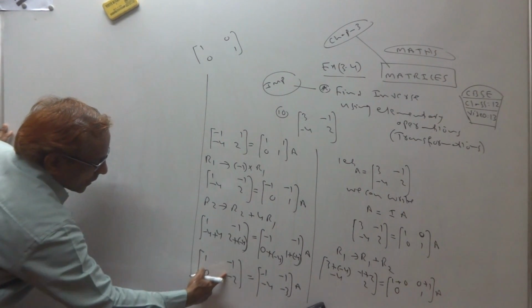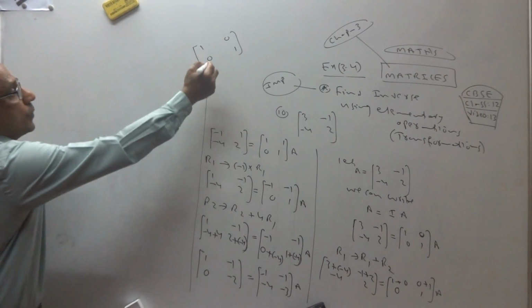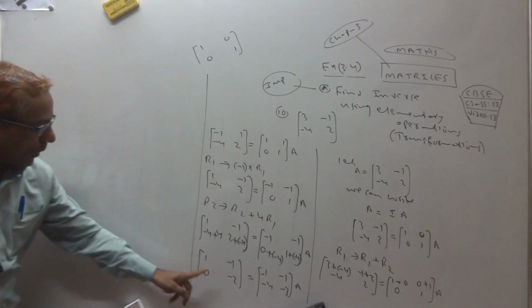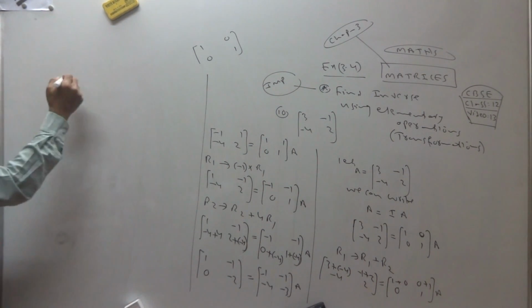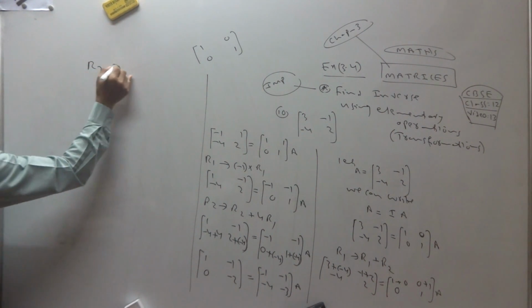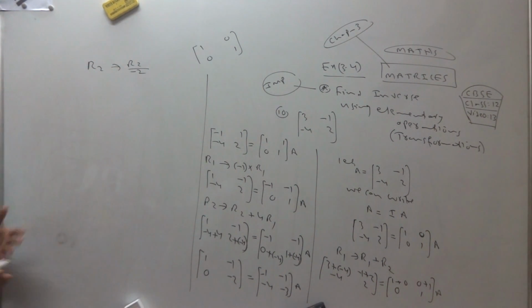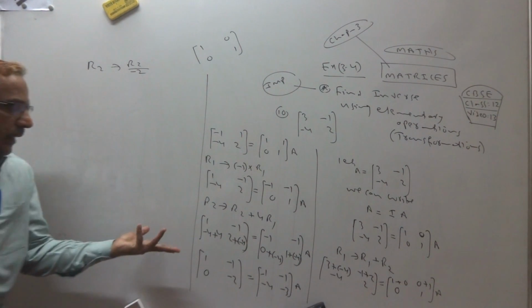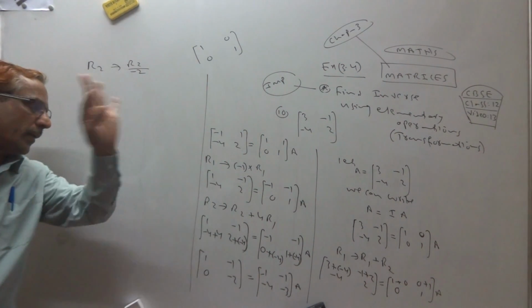Next step: I got 1, 0. Now I have to get 1 here. How do I get 1 here? R2 gives R2 divided by minus 2. You can multiply by any number, you can divide by any number.